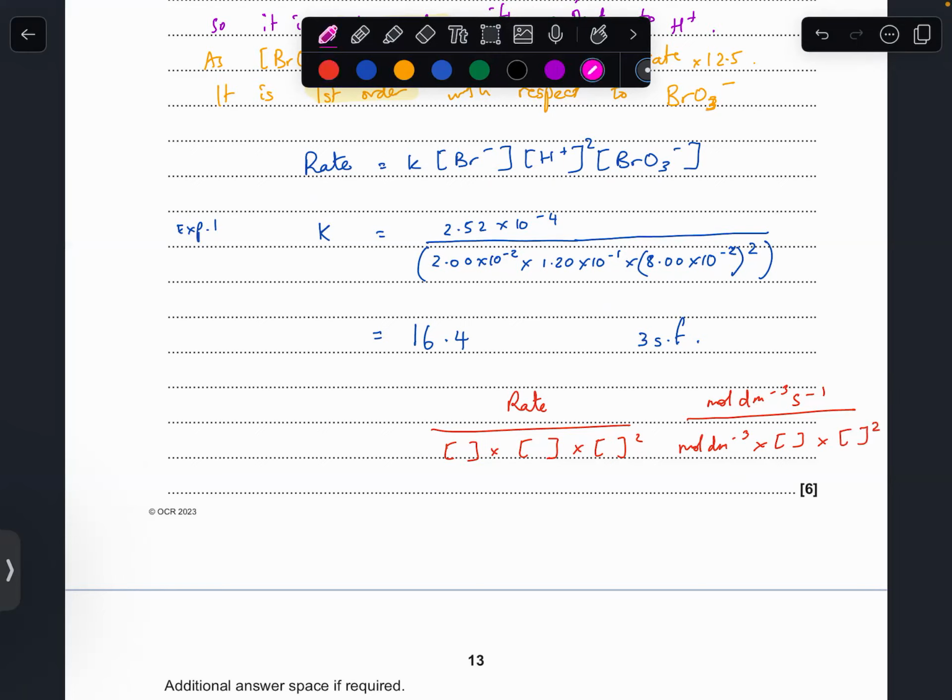You see, that cancels out with this, and so you've got s to the minus 1. If you look at these over here, this will be mole cubed, but you're dividing by mole cubed, so it's going to be minus 3. And you're dividing by dm to the minus 9, so it'll be dm to the 9.